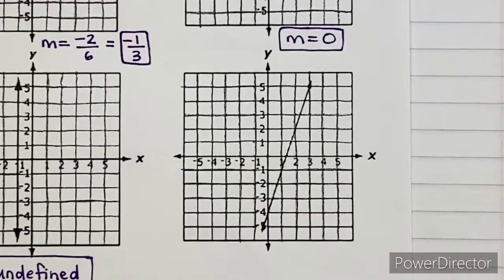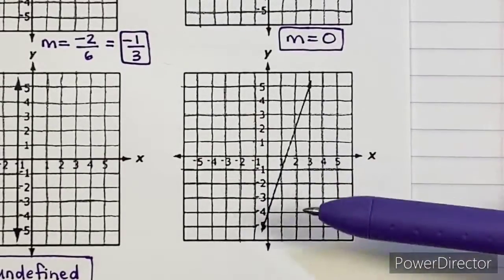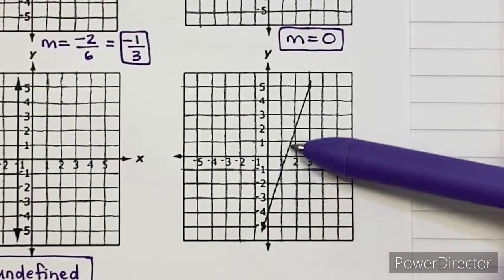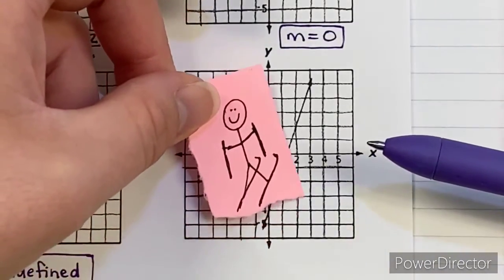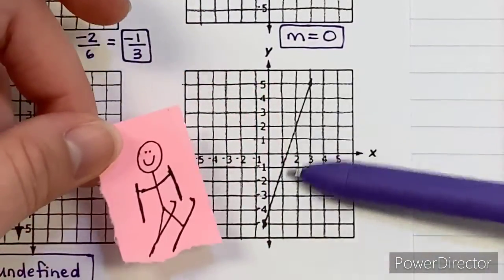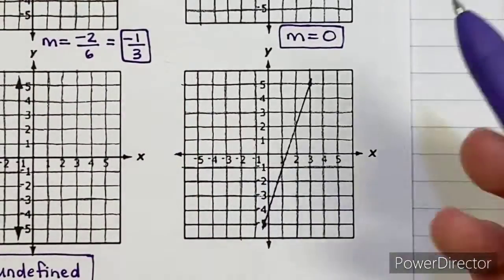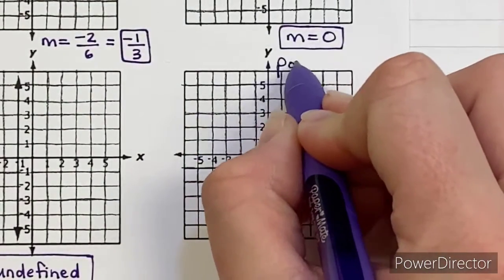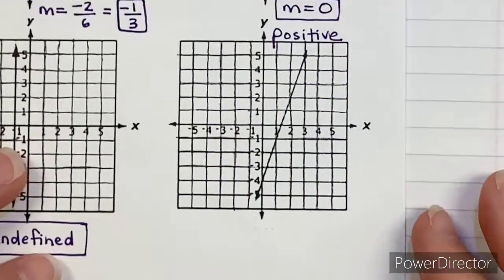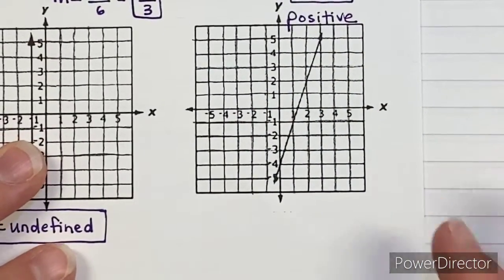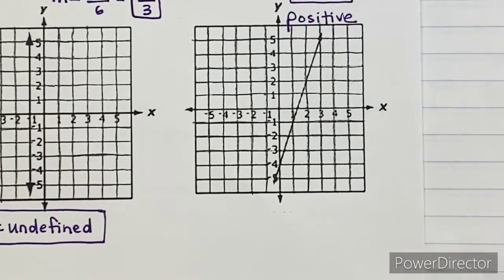And then now we have this one down here. When I first look at this, it has a very steep slope, because if Slope Dude was going to be trying to ski this, it is a very steep mountain. So I automatically know that this is positive. So at the end, I should have m is equal to a positive number. We'll have to double check to make sure it ends up being positive.